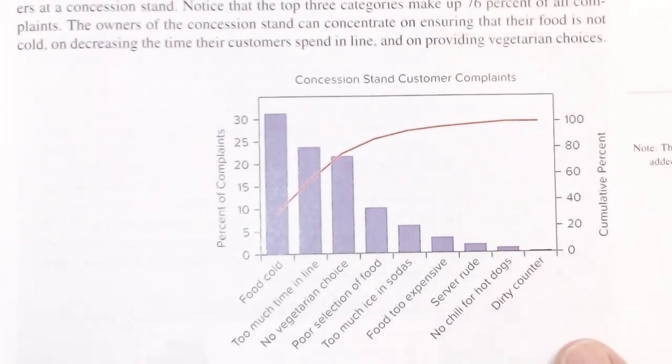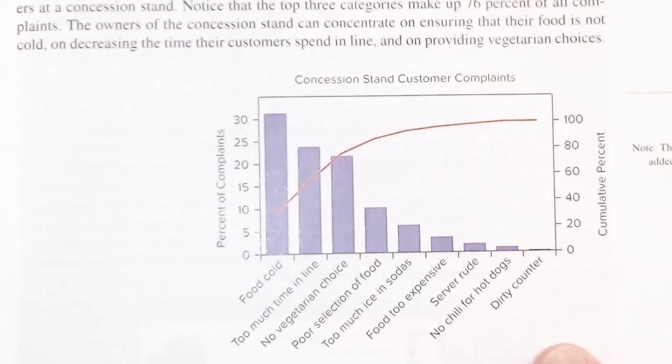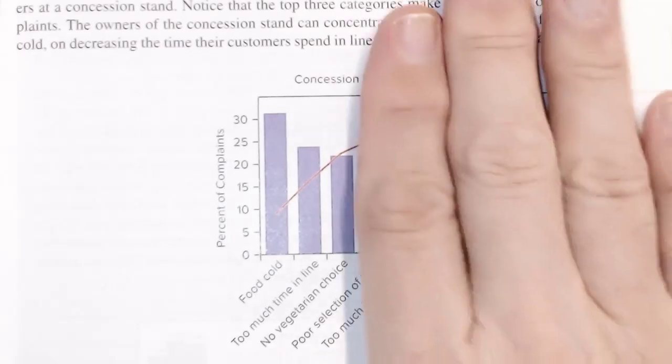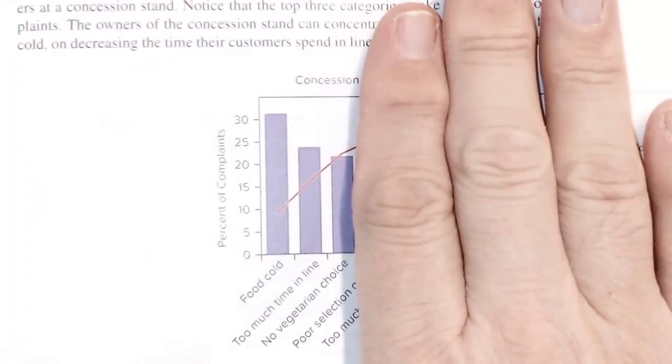If your biggest complaint about the concession stand at this stadium is that the counter is dirty, how many stadiums have you been in where they spend their time wiping the counter? But if you were the owner of this concession stand, you could say, I really only want to concentrate on the top few issues. Okay, now I know what those are.